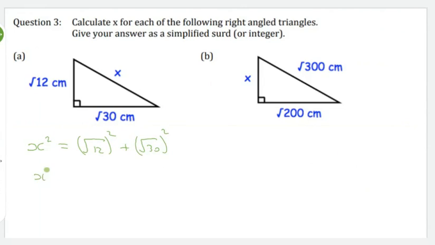So x squared equals the square root of 12 squared is just 12, and the square root of 30 squared is 30. So x squared is indeed equal to 42. So therefore, x equals the square root of 42.